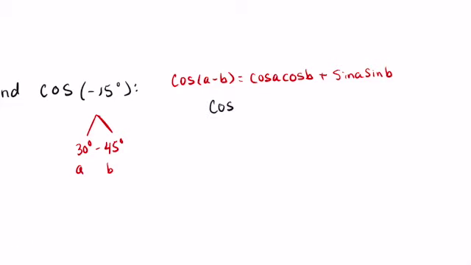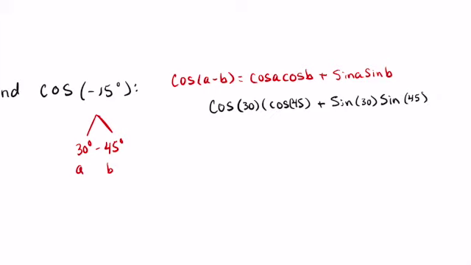So I have the cosine of 30 degrees times the cosine of 45 degrees plus the sine of 30 degrees and the sine of 45 degrees.